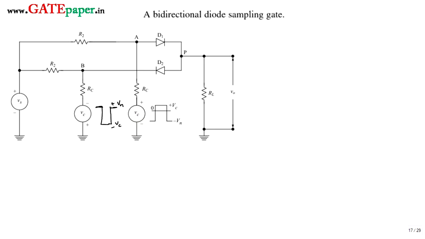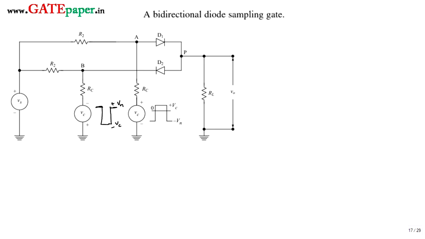Generally, diode sampling gates are preferred over sampling gates using BJTs because they have two advantages. The first advantage is linearity in the operation. The output is more linearly related to the input. The second advantage is that diode sampling gates can be easily adjusted to get zero pedestal.